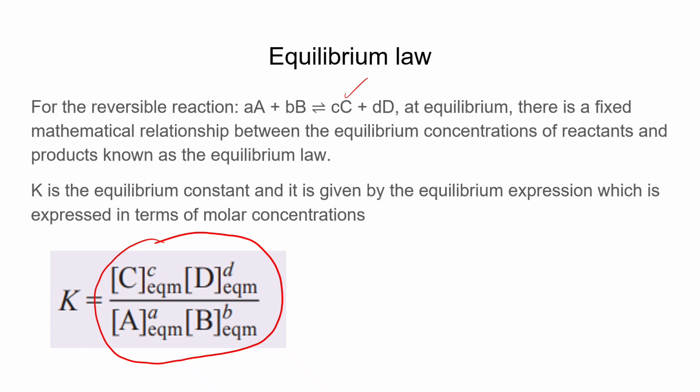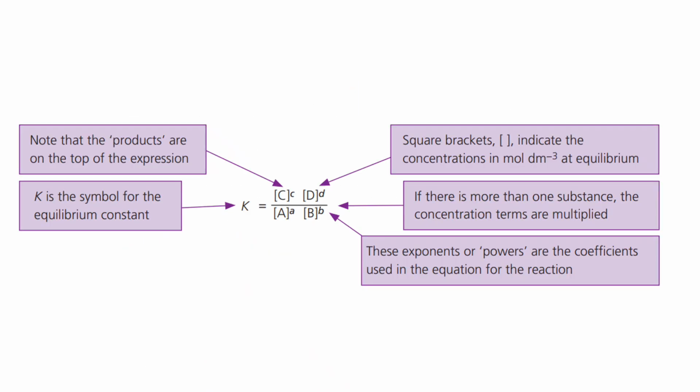You can measure the product and the reactant concentration at any time, but it will be called equilibrium constant only when you measure them at equilibrium, right? So again, this slide makes clear what each term signifies. We may just pause the video here for a minute to understand what it means.